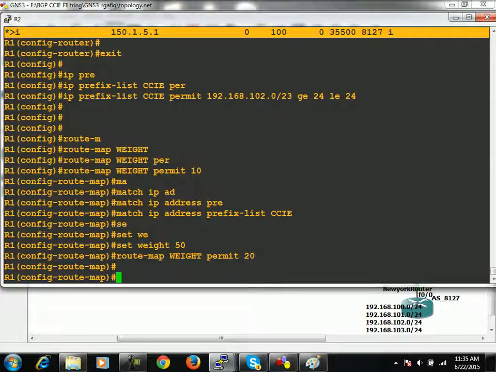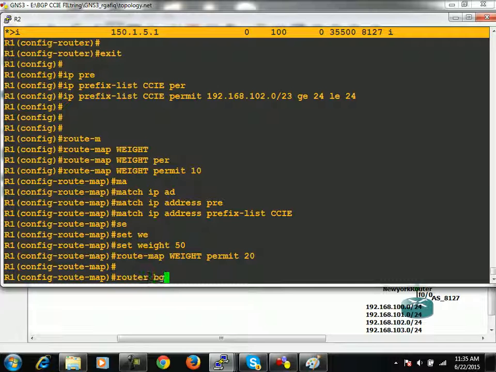If you do not match anything under a route map, then definitely match all is by default there, right? I hope you remembered all the rules of route map. So you will not configure any match command, and also you will not set anything, because I want to receive all other prefixes with their default attributes.